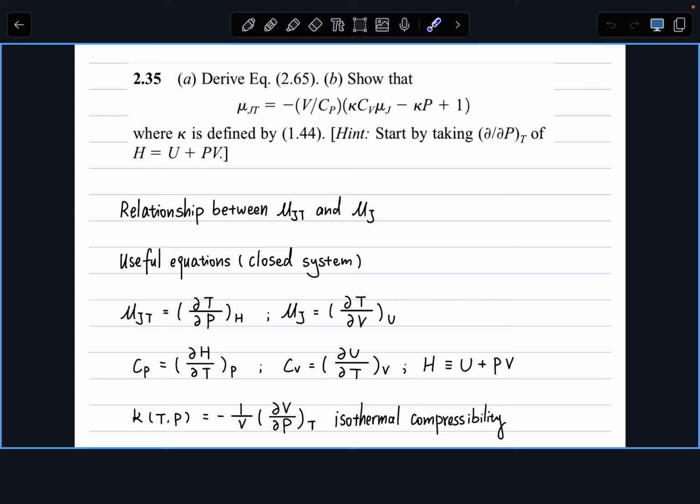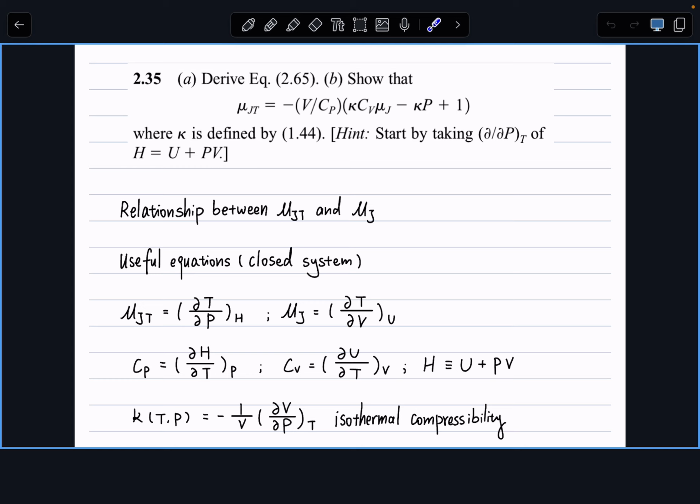I'm gonna erase everything here because we already did the derivation, so we can use our equation 2.65. The next one is slightly more horrible to look at because you're trying to prove that mu JT equals this long equation. But one of the things we know is if we move that Cp term and the negative sign to the left-hand side, we have our negative Cp mu JT. So we're ready to use what we derived in the first part in the second derivation.